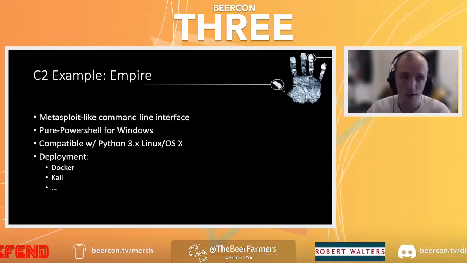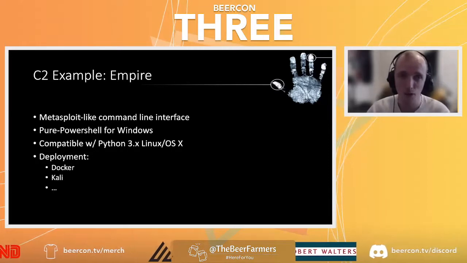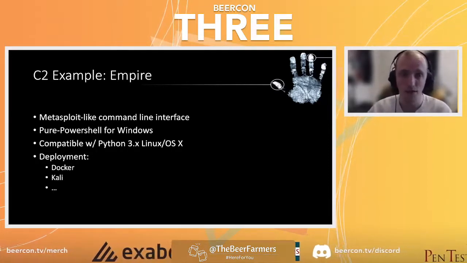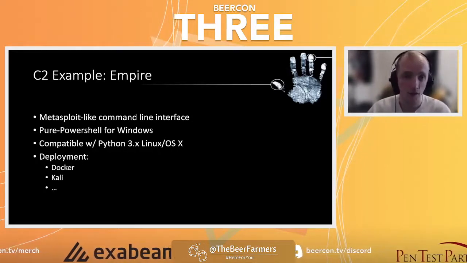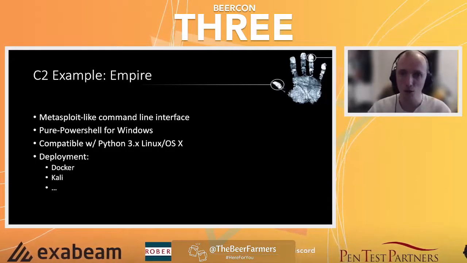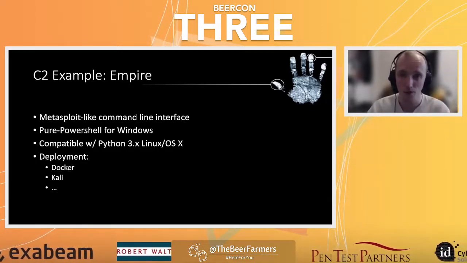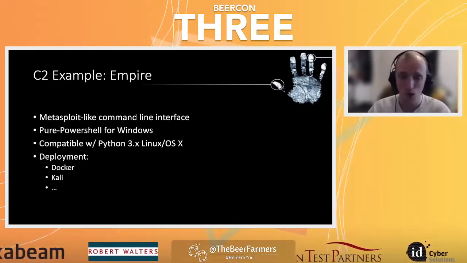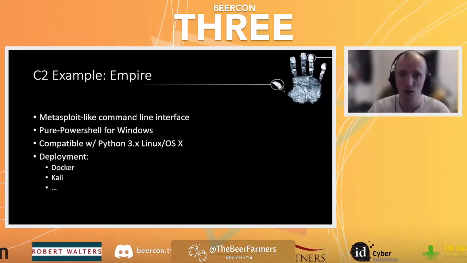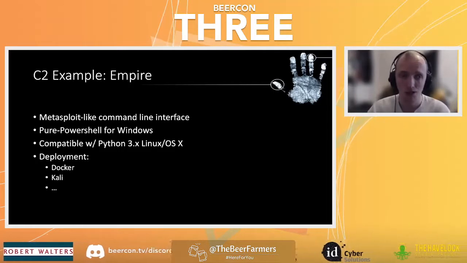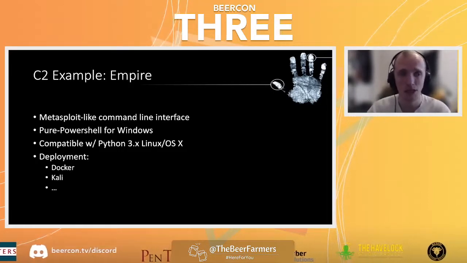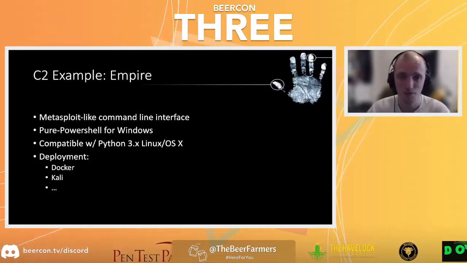Now combined, it's quite a powerful C2 framework that is pure PowerShell for Windows, but you can also use Python 3 and higher for Linux and macOS. You can deploy this in quite a few different ways, like Docker, Kali, or another way that you want yourself, since you just have the source code. So it's quite powerful because it's supported by many operating systems, and it's quite easy to deploy as well.